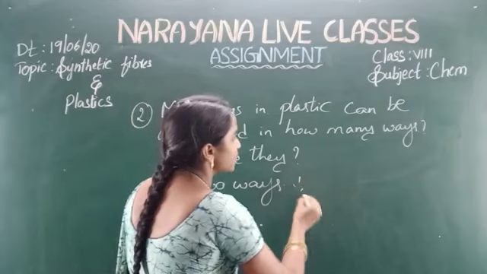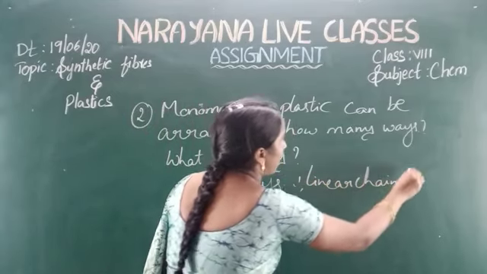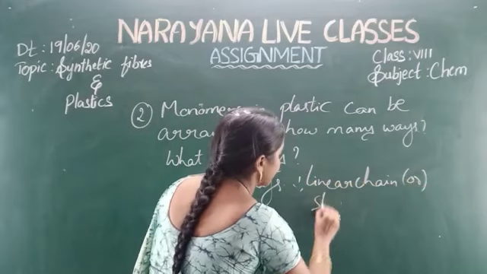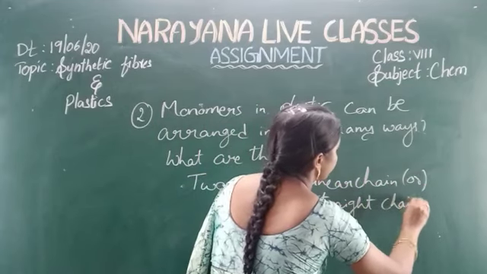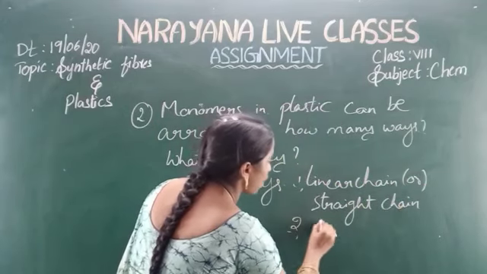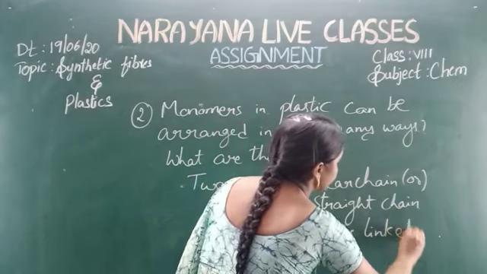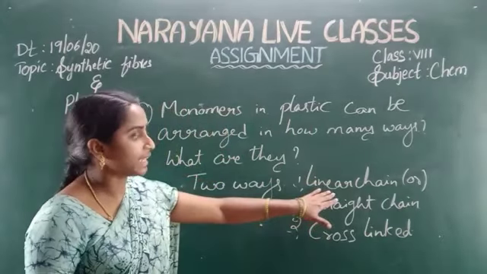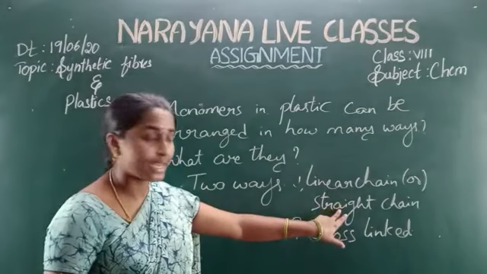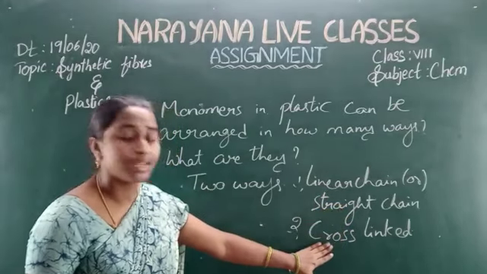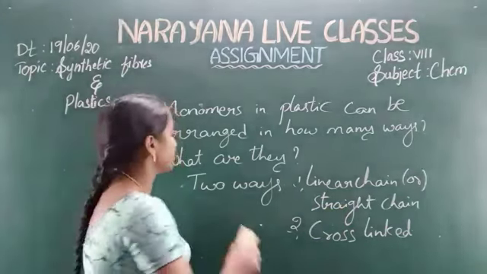They are, first one is linear chain or straight chain. And the second one is cross-linked. So, monomers in a plastic can be arranged linearly, which can also be called a straight chain. Second one is they can be arranged as cross-linked polymers. This is the second question.